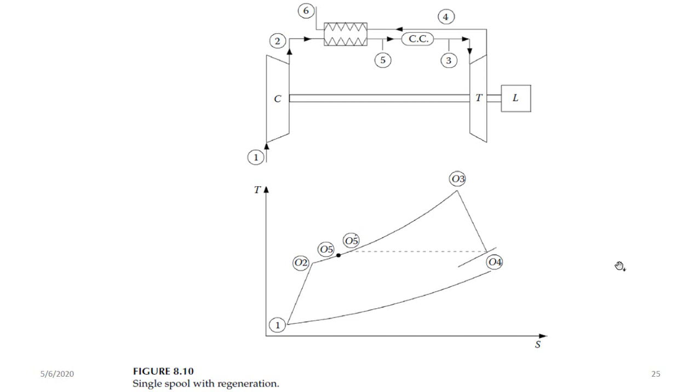Then this recuperator can be connected to maybe a steam turbine to heat up the steam and drive a generator, something like that. Okay? So here you've got a single spool engine with a regenerator, and the turbine is driving both the compressor and the load. And below it is the temperature entropy diagram.